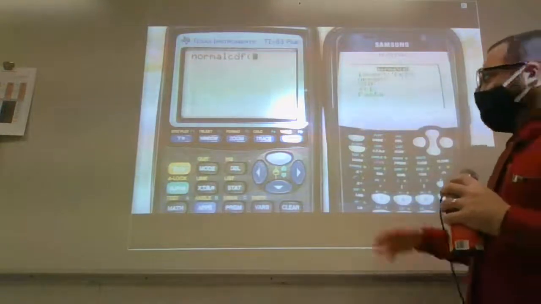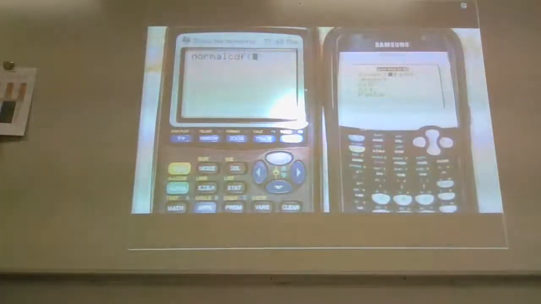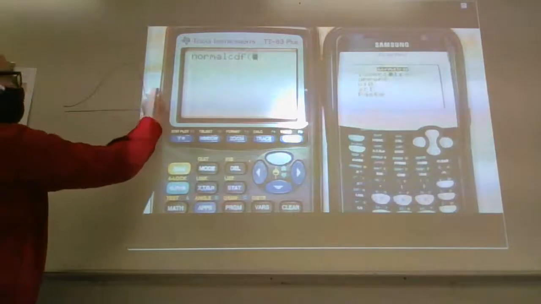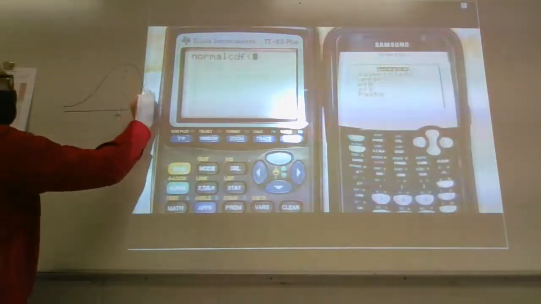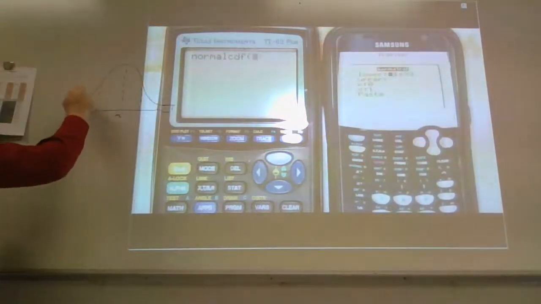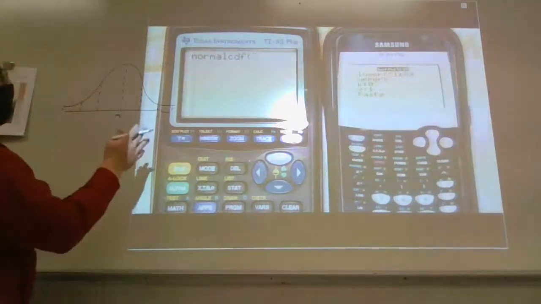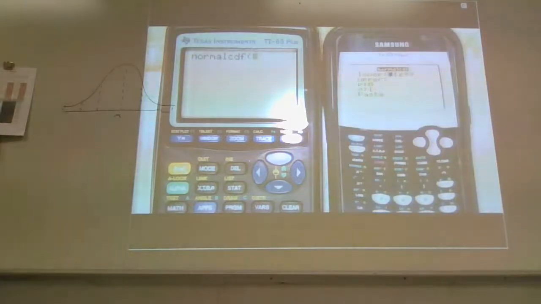Once you hit paste and calculate, it'll give you the percentage on the normal curve between those two points. Basically, the mean would be in the middle, and then plus 1 standard deviation, minus 1 standard deviation, et cetera. If you plug in those two points for lower and upper, it gives you the percentage between the two, which is kind of nice.